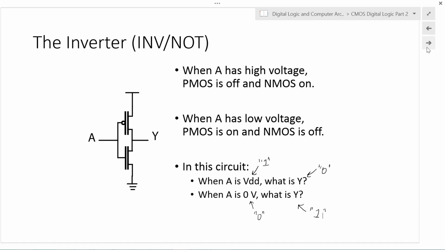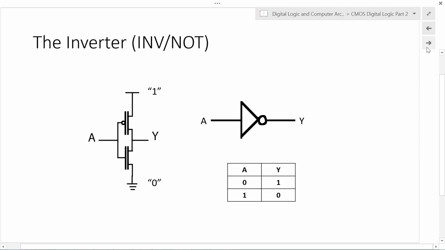We can draw this as a truth table, as shown here. So when A comes in as a 0, here we connect this one and disconnect here.